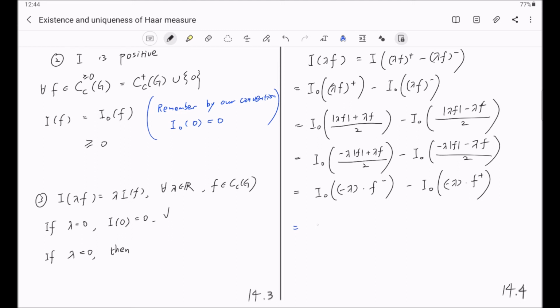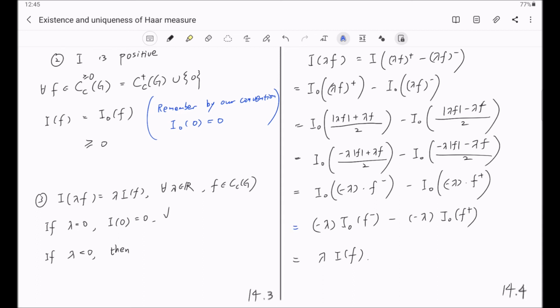So you should expect the last line to be equal to, if you simplify this, lambda times I of f. This proves that I commutes with lambda when lambda is negative.